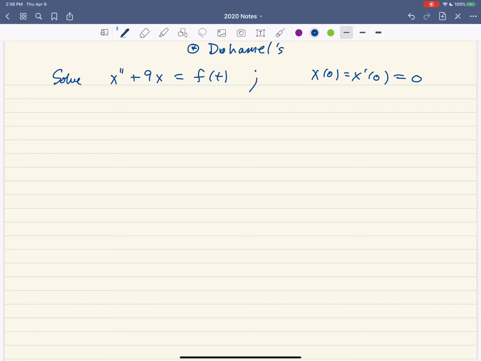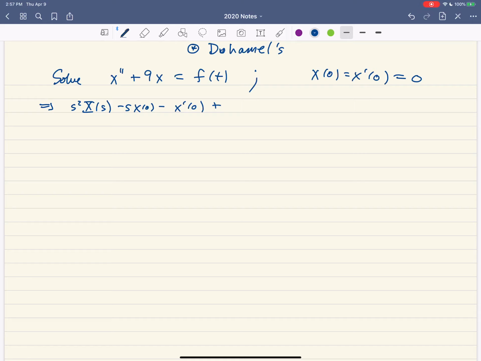Since this is an arbitrary function, little f, we're going to have a little f function in our answer somewhere. And so we're going to start by taking the transform. We know that if we take the transform of x double prime, we're going to end up with s squared capital X of s, minus s x of 0, minus x prime of 0.